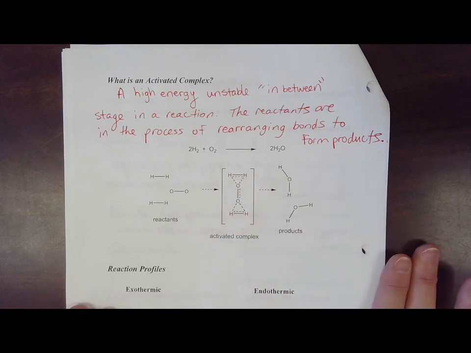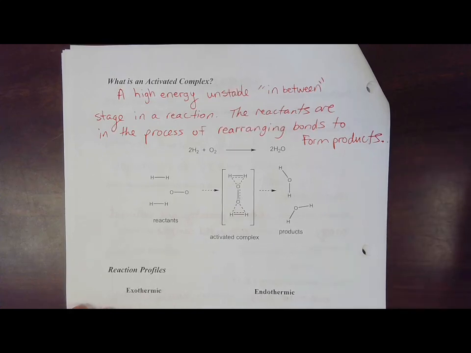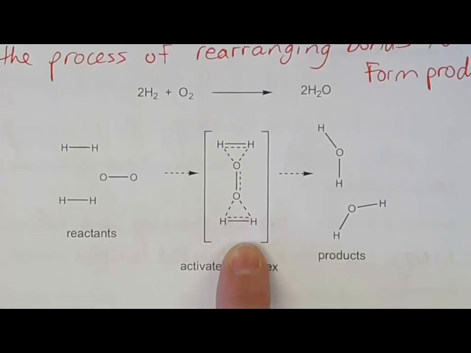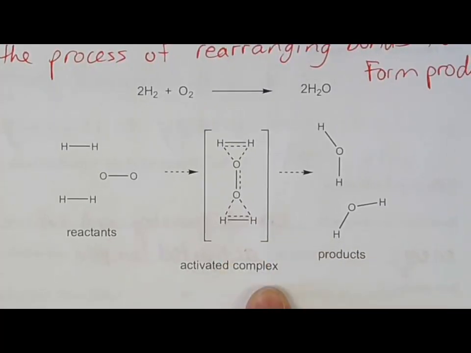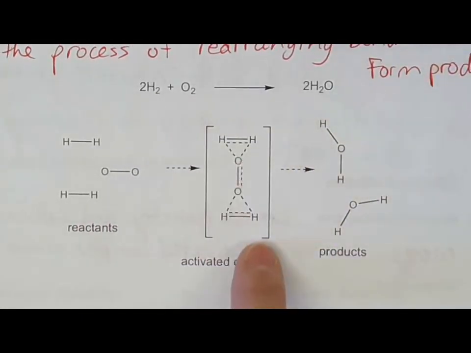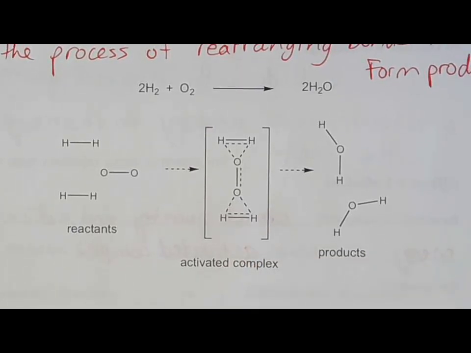Hands up if I can zoom in now. Excellent. Your activated complex here is going to form when these three reactants collide successfully, and then temporarily it's going to look like this. You'll be asked to tell me what the activated complex would be, what it might look like, what the formula would be based on the reactants.